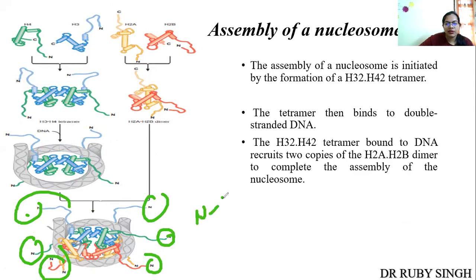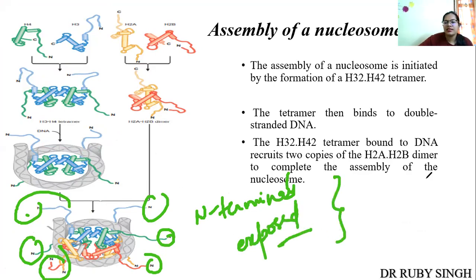So these N terminals are exposed. The problem is, whenever you have something like this, they are susceptible to attack by the proteases. Now these proteases are present in the cell, right? So they are freely present. So there are chances that these proteases are going to chop off the N terminal of the histone proteins. Okay?